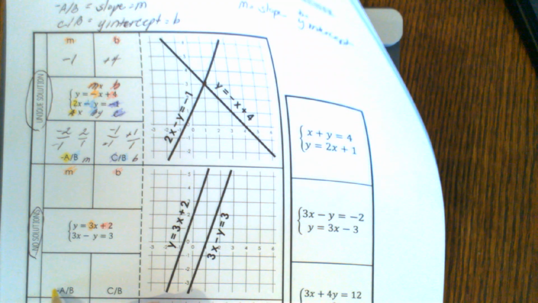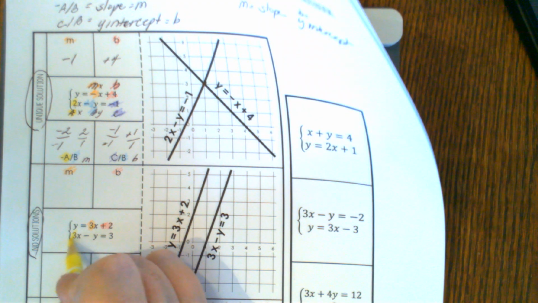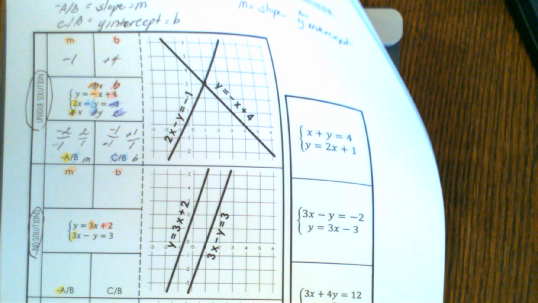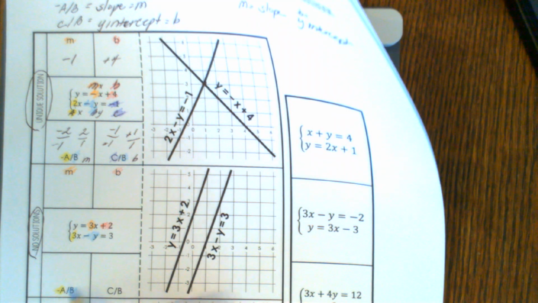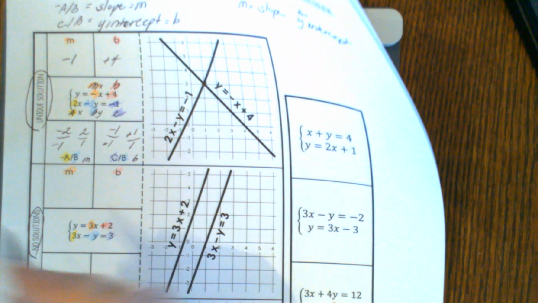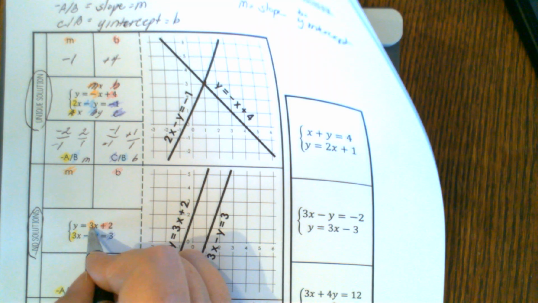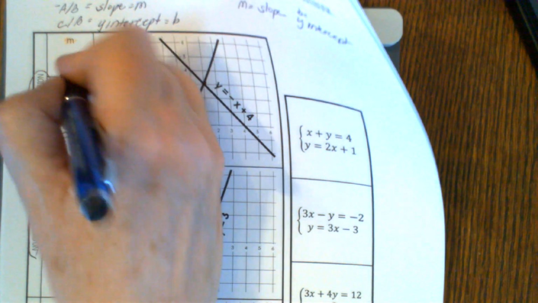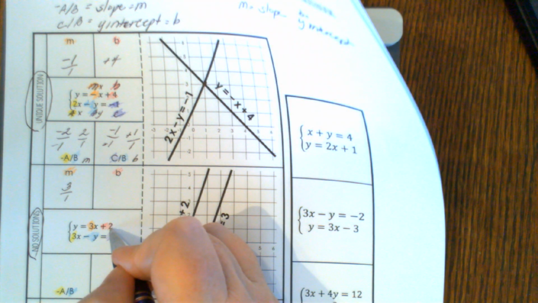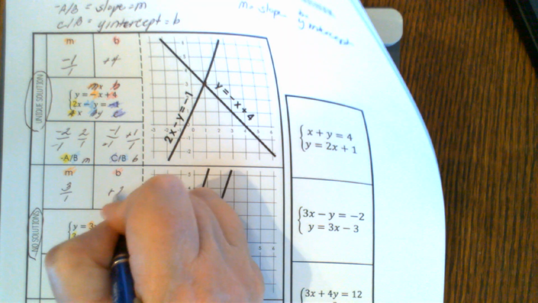Then a is right here, and b is right here, and c is right here. So we know this is mx plus b, so the slope is 3. I always like to put it over 1 because that's how you're going to graph it. Like I should have put this over 1. This is b. It's a positive 2.